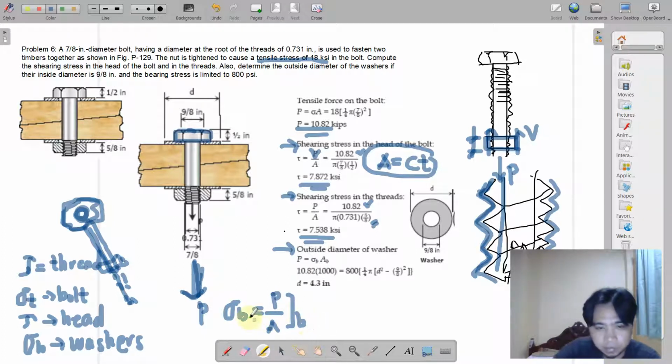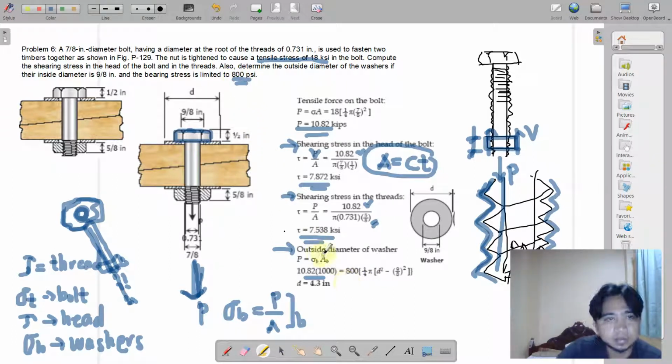Cross multiply, we have sigma bearing times area of the bearing. Again, P here is 10.82, multiplied by 1000 as a conversion factor, and the bearing stress is 800.